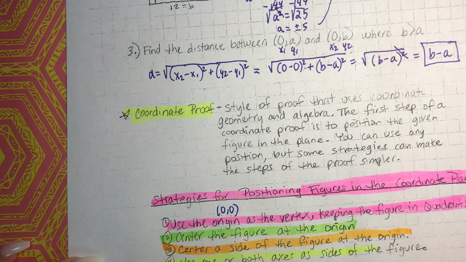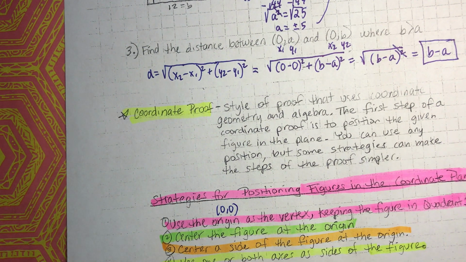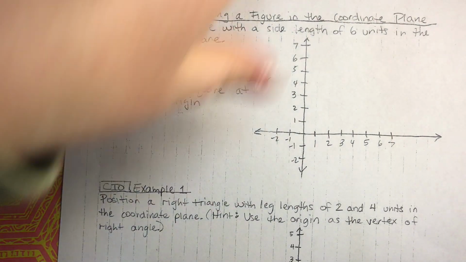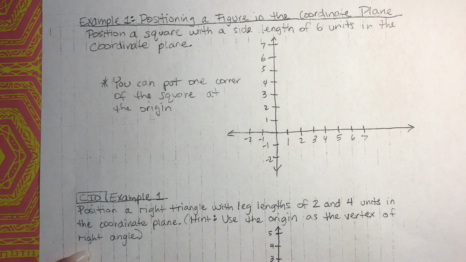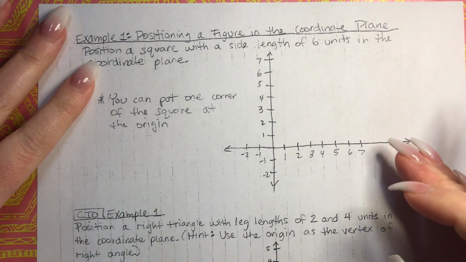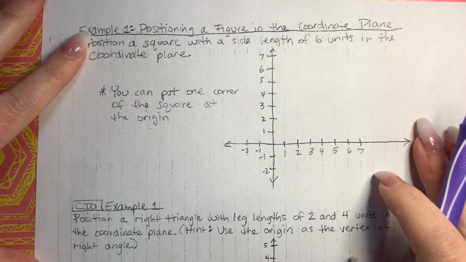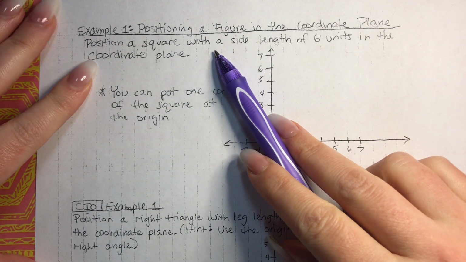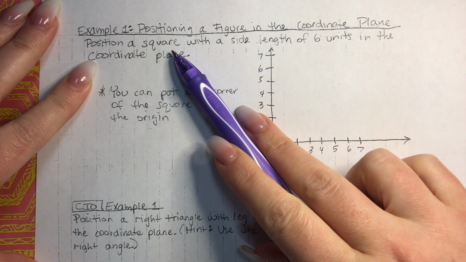Okay? So let's go ahead and see what these strategies are. So here with example 1, we're going to be positioning a figure in the coordinate plane. So position a square, right? Squares, they all have the same side length, right?